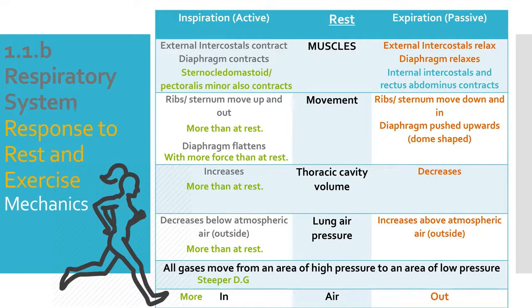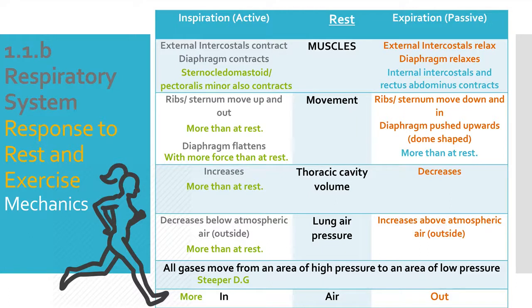However, the expiratory centre now recruits additional expiratory muscles and they contract. So you could use the internal intercostals, you could use the rectus abdominis, and they are now contracting. That brings the ribs in and down and pushes the diaphragm up more than at rest, or with more force than at rest.